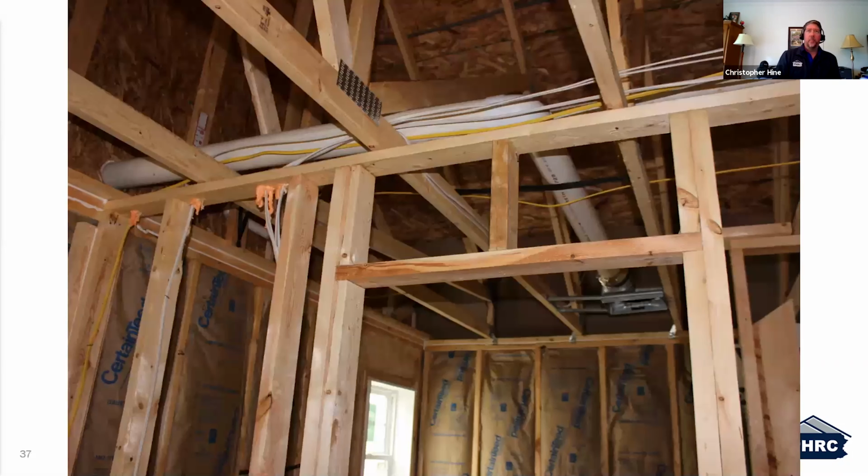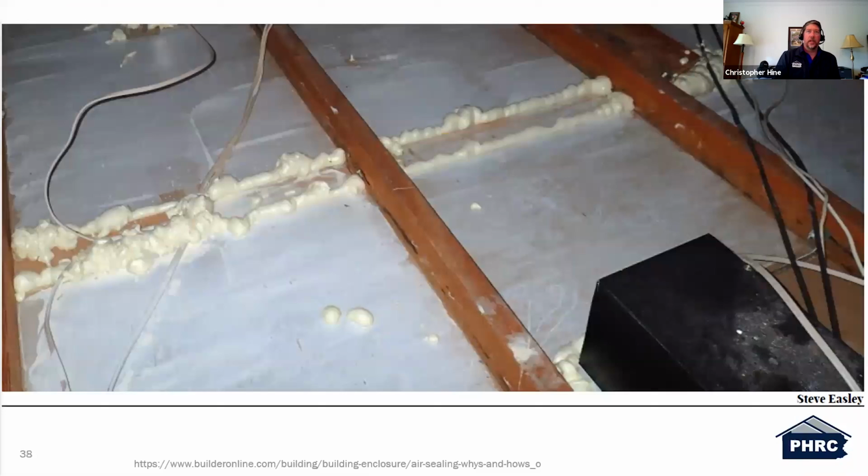But what happens when those interior partitions are running perpendicular to the trusses? You're not going to have a nailer on top of that wall. So you have your drywall that's going to be coming up this wall, and then you have your drywall coming into it. Tape and compound isn't going to be enough in these areas. You're going to have cracking in that tape or in the compound, and it's going to be a source for air leakage.